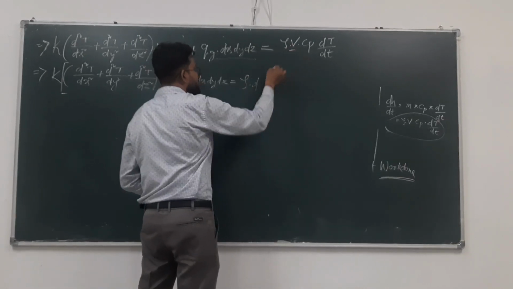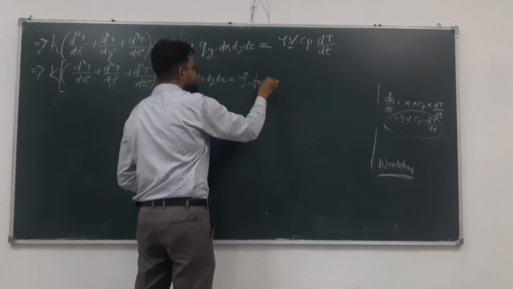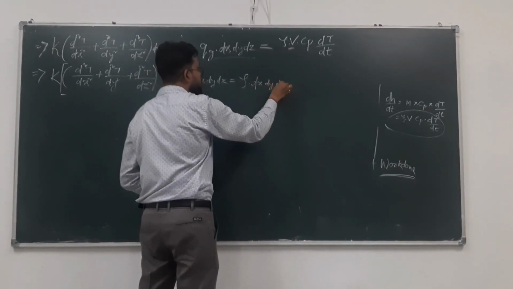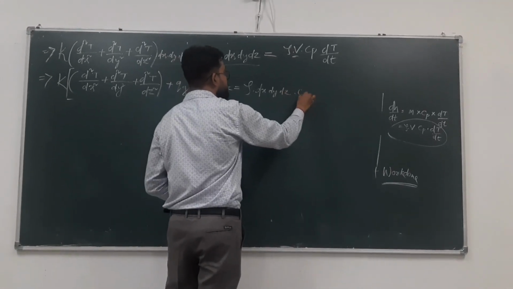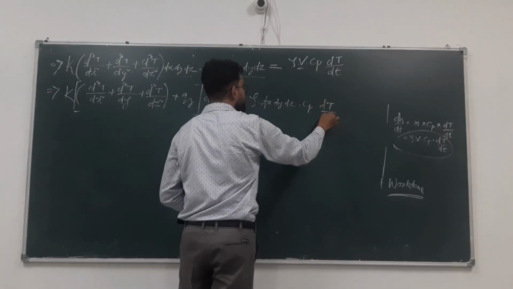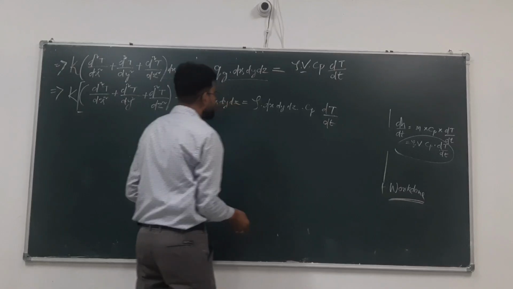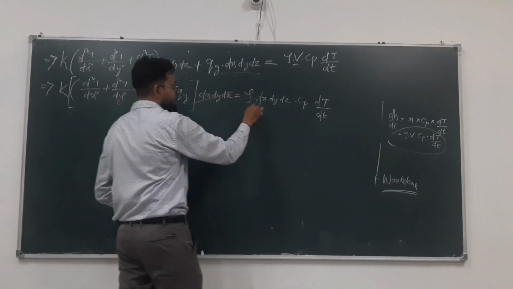The value is dx into dy into dz. So these both the terms can be cancelled.